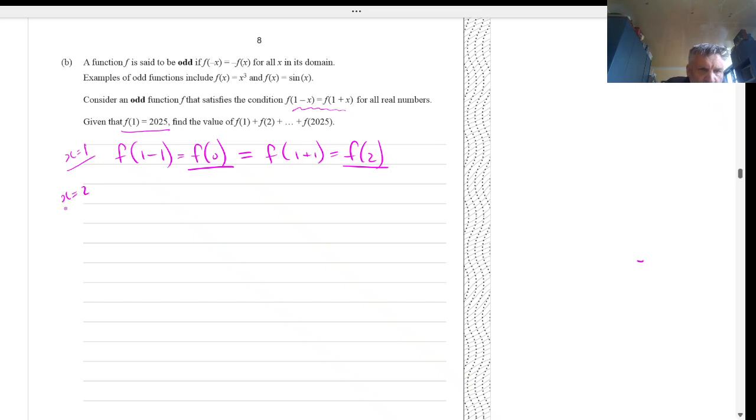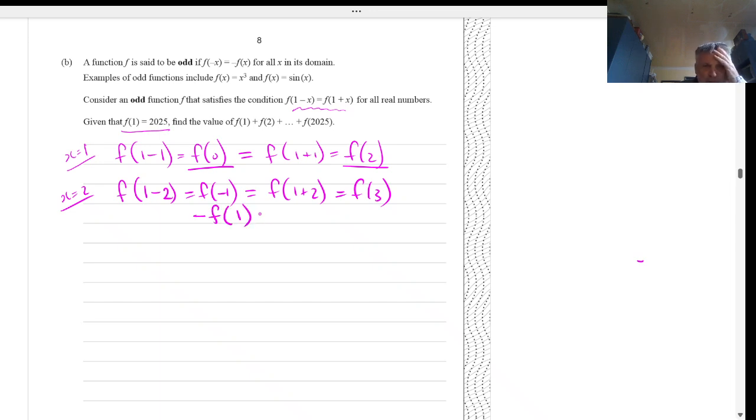Let's look at x equals 2. 1 minus 2, which is f of minus 1, is the same as f of 1 plus 2, which is f of 3. F of minus 1, though, because it's an odd function, we can take that minus sign outside. So this is saying the negative of f of 1 is equal to f of 3.